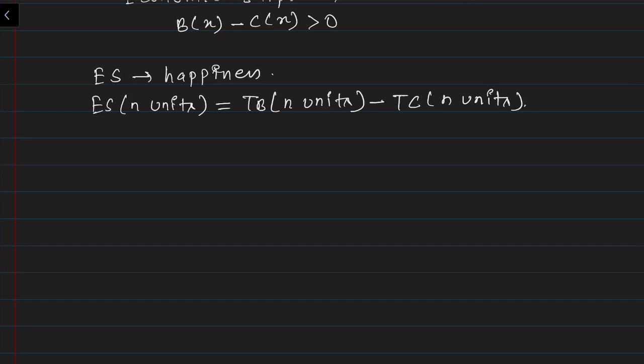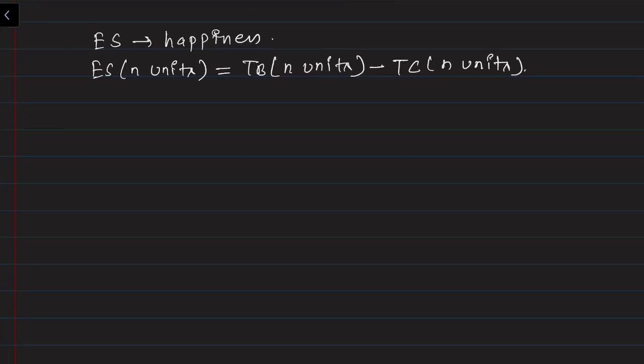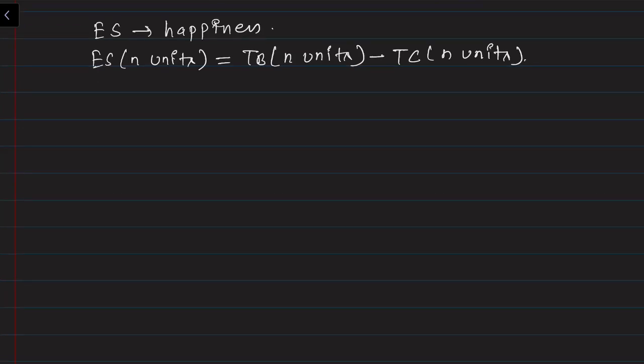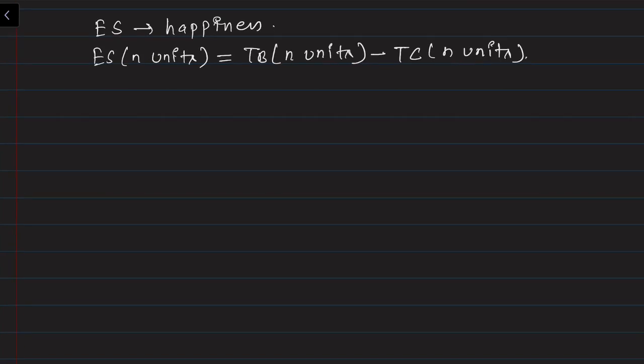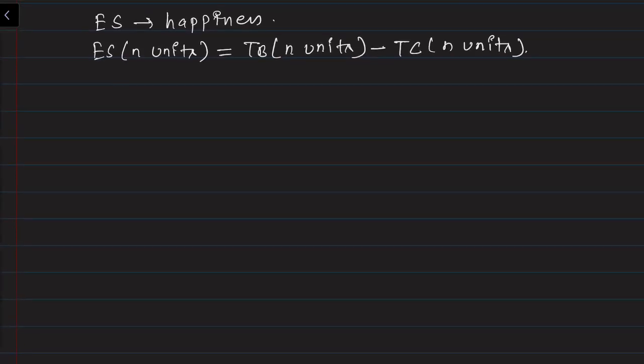So in order to find the n which maximizes the economic surplus, the easiest way is to find the economic surplus of every single quantity and then pick n which has the highest economic surplus. But that's a tedious process. So we can do a slightly different thing. We can ask the qualitative questions, that is yes-no questions.